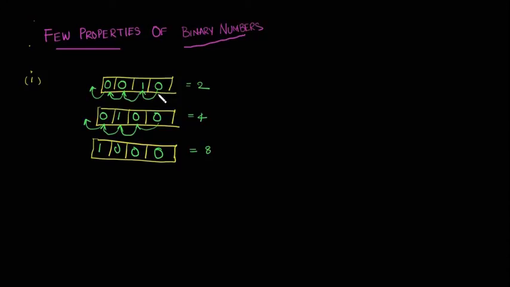We shifted this by 1, and the result is a multiplication by 2, and we shifted this by 2, and the value is multiplied by 2 again. So we can conclude that if we shift a value by one bit, then it is multiplied by 2. If we shift by 2 positions, then it is multiplied by 2 power 2.